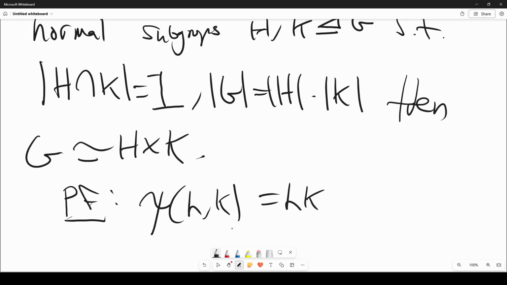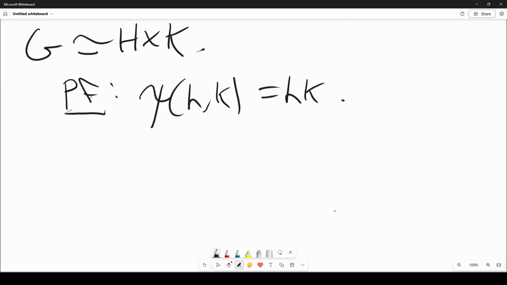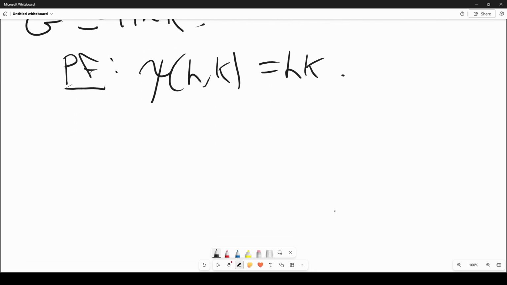It will become an isomorphism between these two groups and prove that G is isomorphic to H cross K. And so hopefully you noticed that this idea of normality played a huge role in quotient groups. And it once again played a huge role here as well with products. So it happens to be that normal subgroups are a great way of breaking down larger groups into smaller ones and factoring them in some cases.